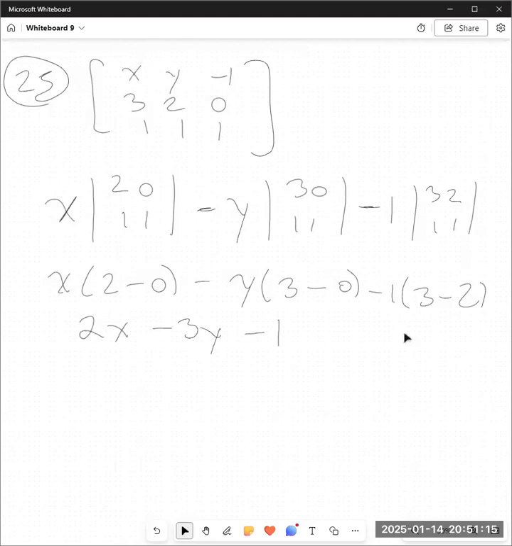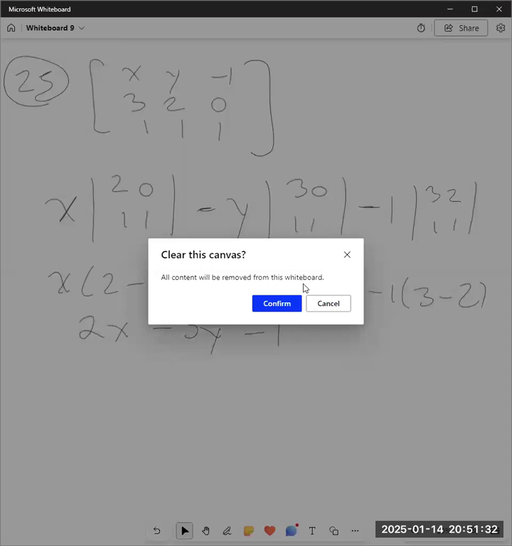Looking for number 33 next, which is to use the method demonstrated in example 5 to find the determinant of this 3 by 3. This method only works for 3 by 3s.